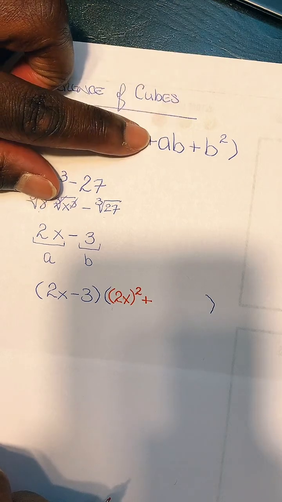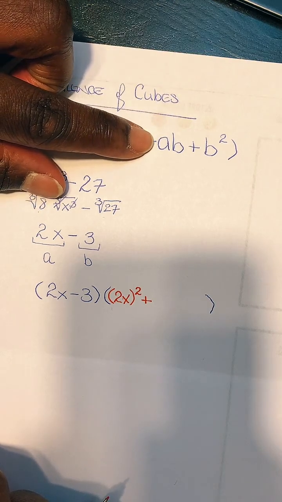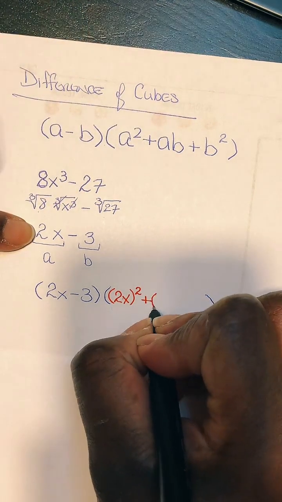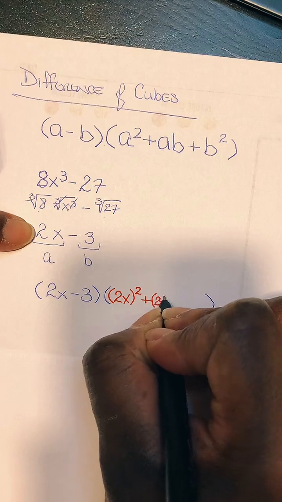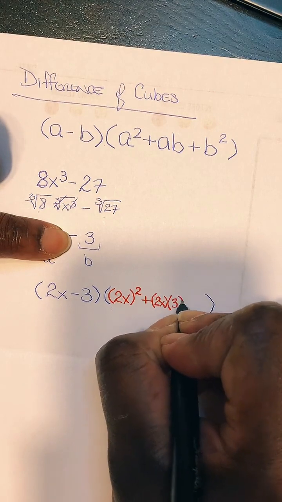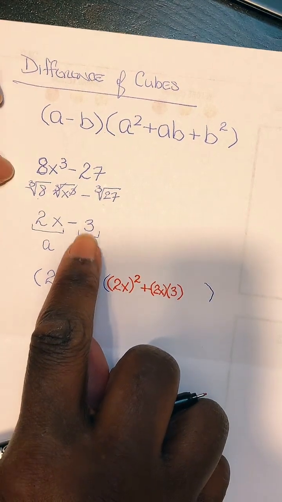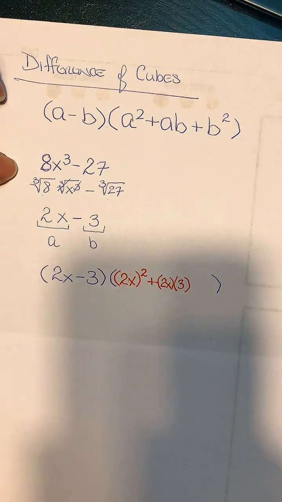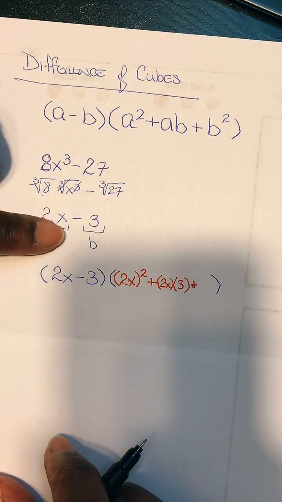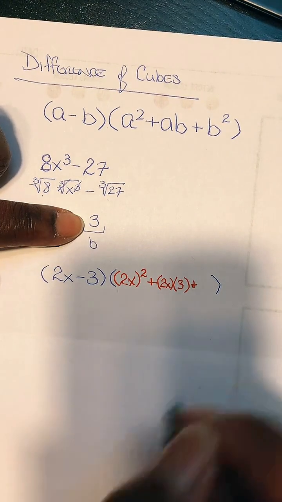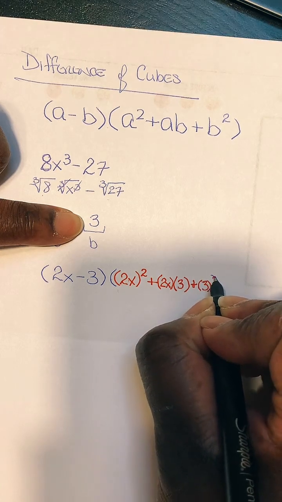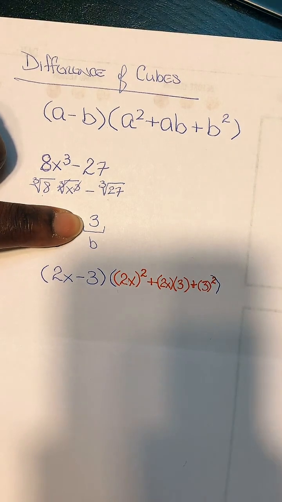The second part is going to be your A times your B. Your A is 2x times your B, which is 3. Not negative 3, just the 3. Bring down the plus sign. Now you're doing your b squared. Your b is 3. And that's being squared.